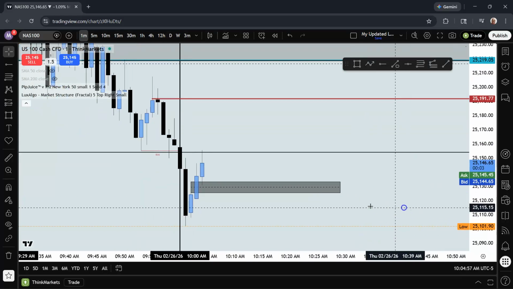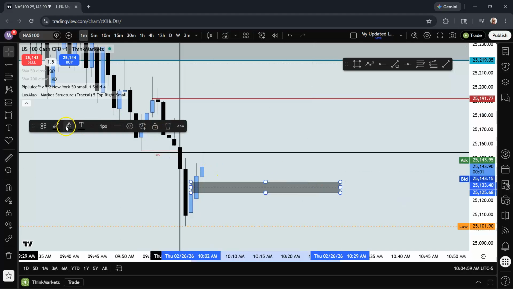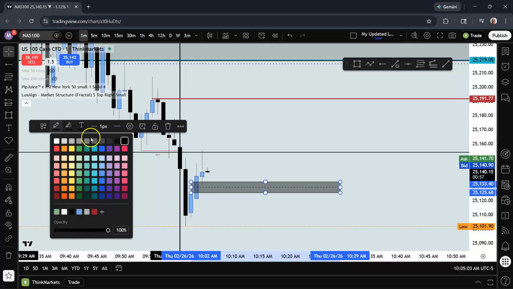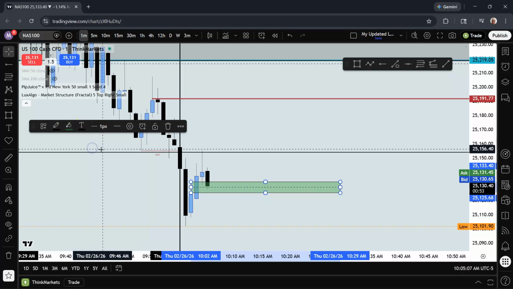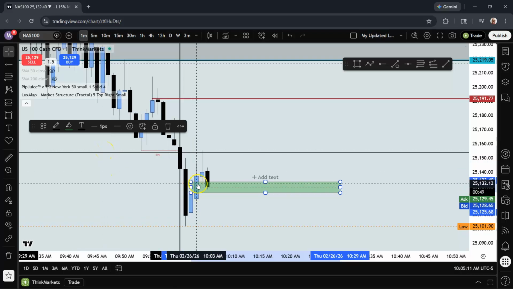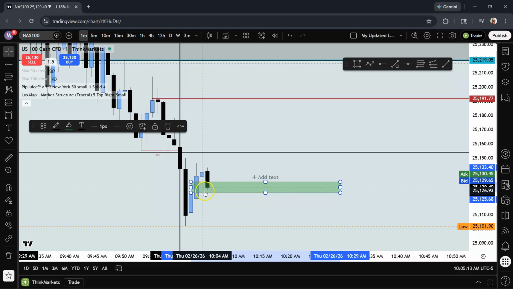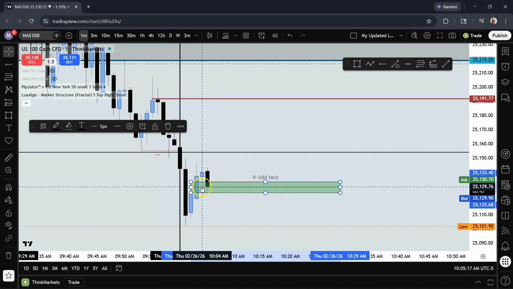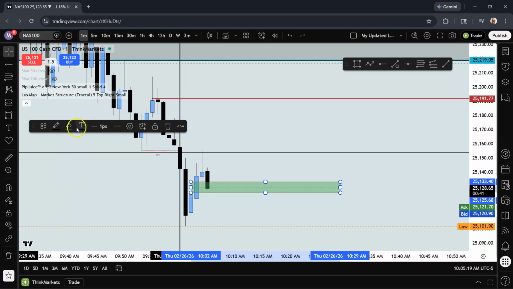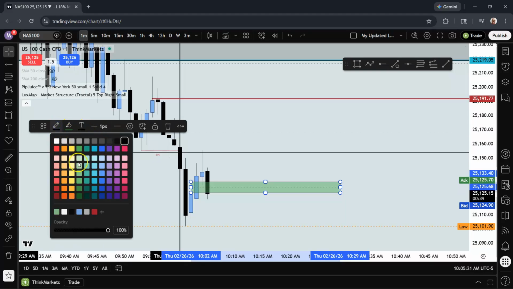And I just found the fair value gap. So I'm going to mark that up. Okay. And it came back down and hit the fair value gap, but it didn't make a higher high, so this is not valid for me. So there's no trade yet.